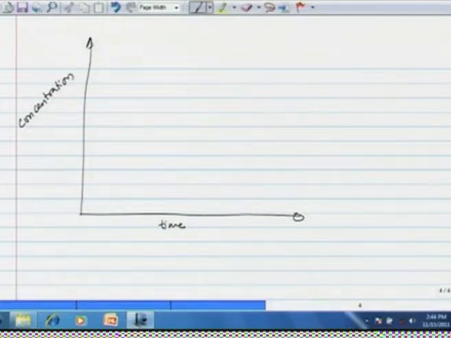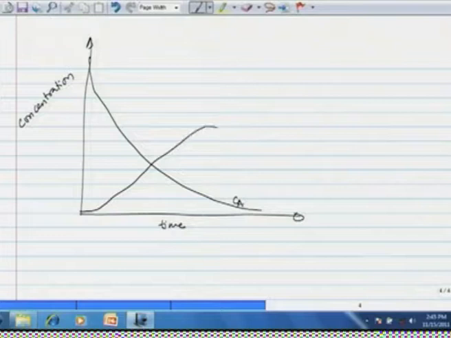The concentration of A, which is the reactant, main reactant, falls continuously with time. The concentration of B, which is an intermediate product, shows a maxima somewhere in the time course, and the concentration of C, which is undesired product, rises continuously.